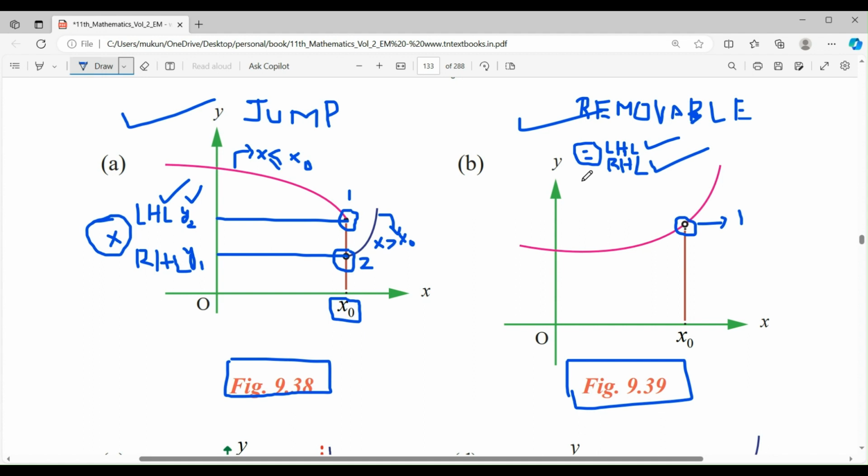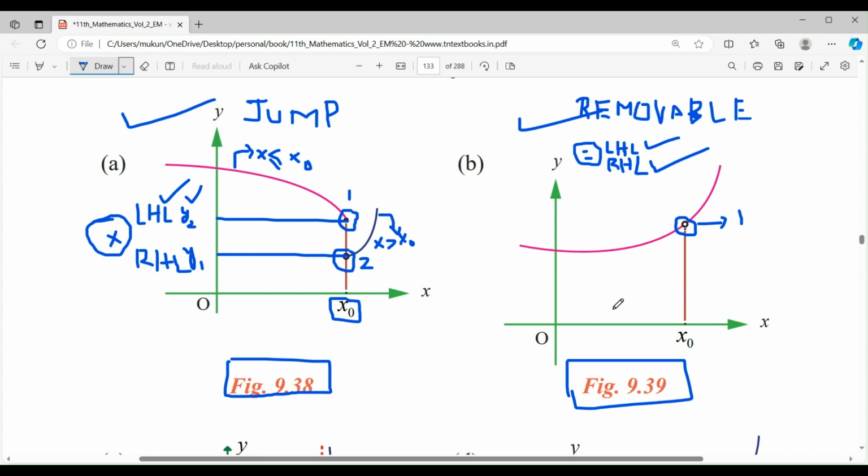So though the limits exist, the function is undefined at x equals x naught. So we're not able to comfortably say f at x equals x naught is equal to the limit as x tends to x naught, right? So since we are not in a position to confirm that, this function is discontinuous at x equals x naught. So the point here is both the discontinuities are different in nature, right?